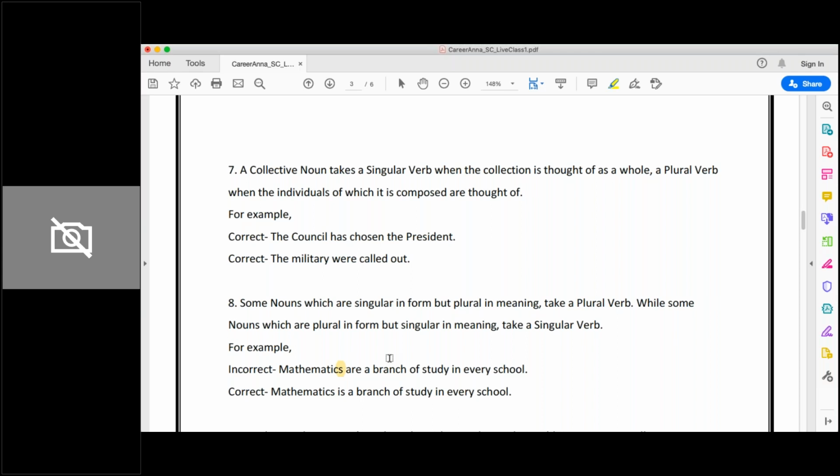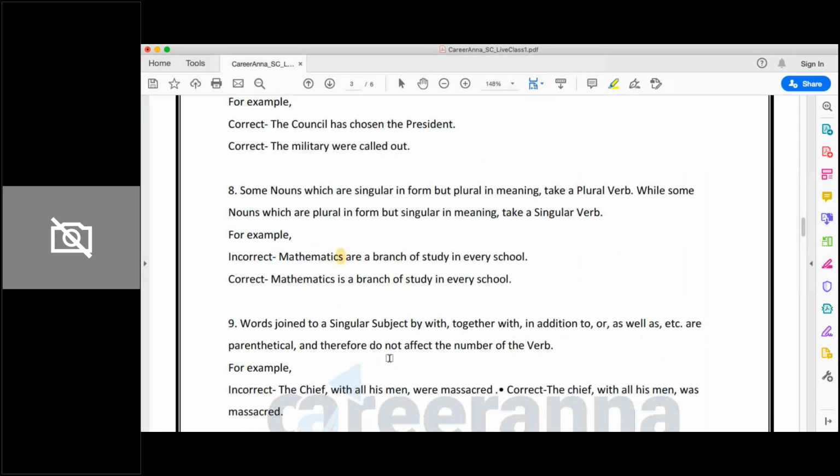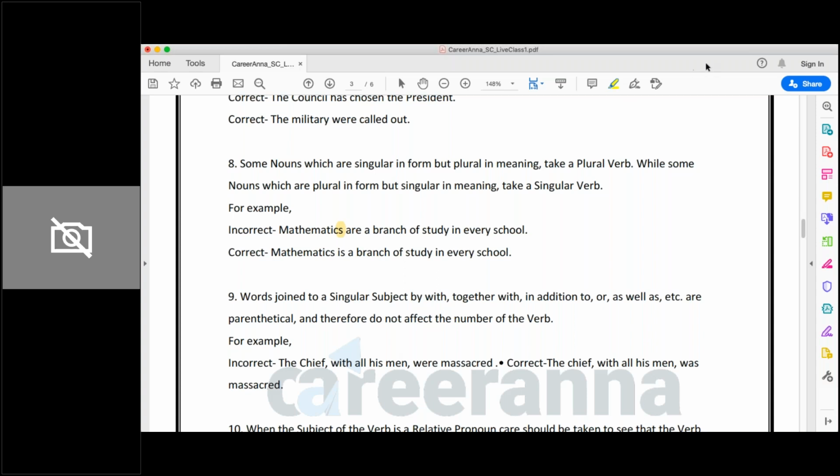Moving ahead. Important rule. Words joined to a singular subject by the words like these: with, together with, in addition to, or, as well as, etc. They do not affect the number of the verb.